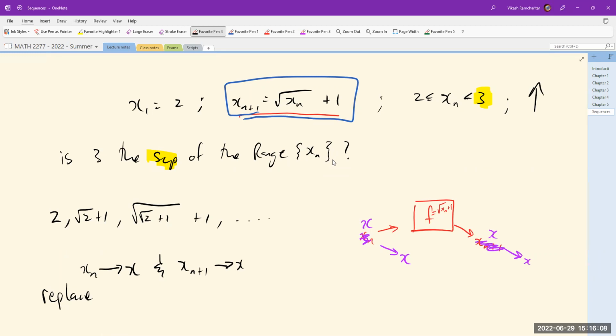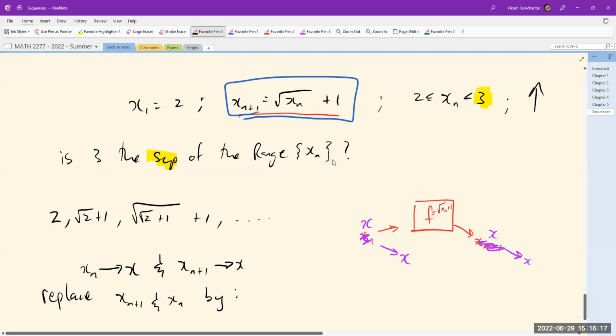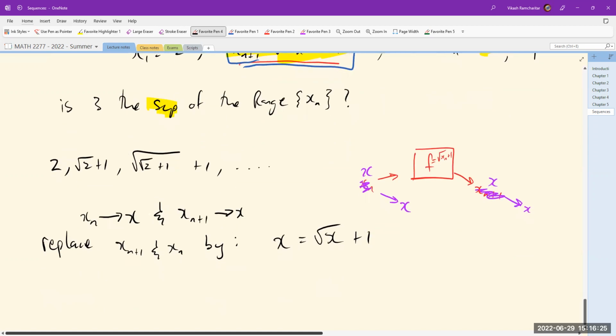So all the terms should be going to x. We replace x_{n+1} and x_n by x in this formula, and we get x equals the square root of x plus 1. This x is the limit, which is what we're trying to figure out.